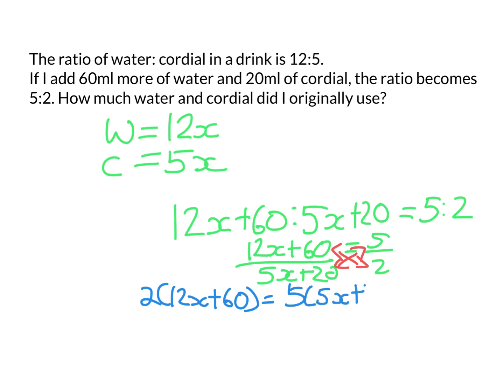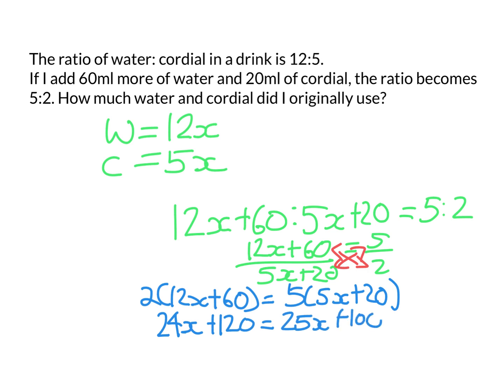We know when we have a linear equation that has pronumerals on both sides, we need to get rid of the fractions. Done. Now we need to get rid of the brackets by expanding. So 2 times 12x, 2 times 60, 5 times 5x, and 5 times 20.